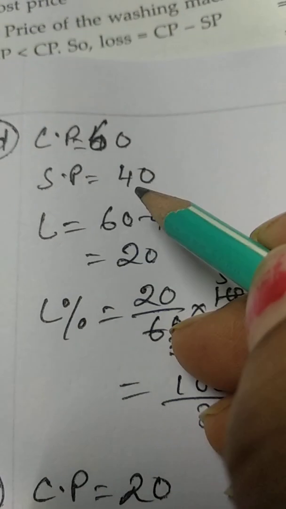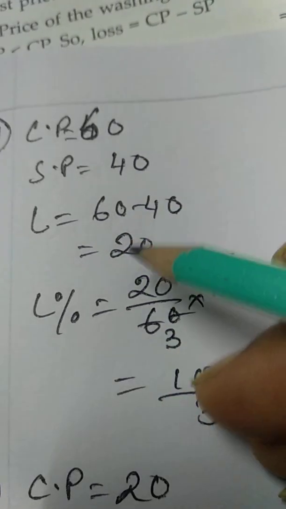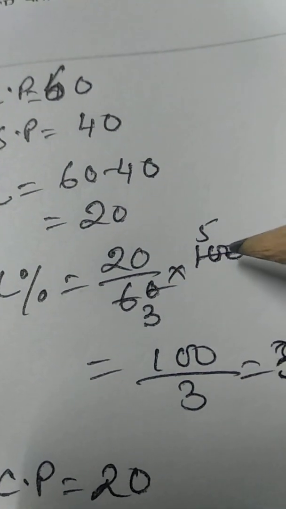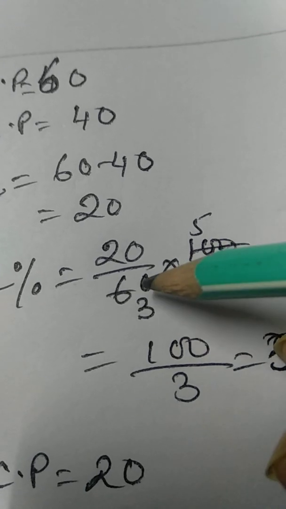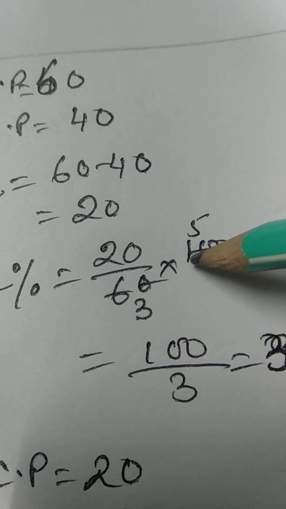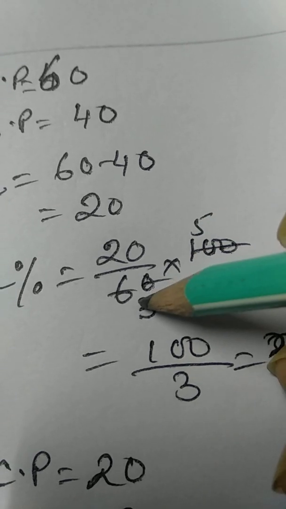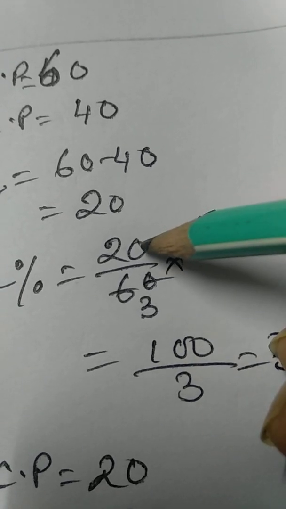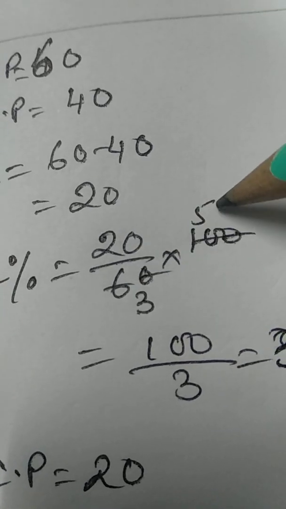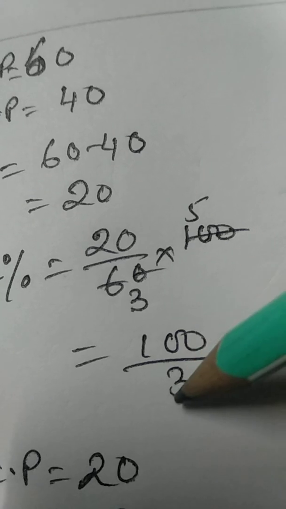CP 60, SP 40. That means it is a loss. 20 rupees loss. 20 by 60 into 100. Here 20 is not there in the table, so what do you do? I am cutting 0, 0. I got 6. So I am cutting 6 with 10, 5 and 3. Now 3 I cannot cut with 20 and 6 also I cannot cut with 20. So I will multiply 5 by 20, that is 100 by 3.